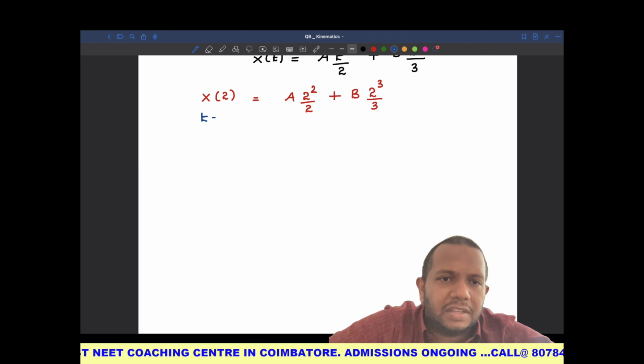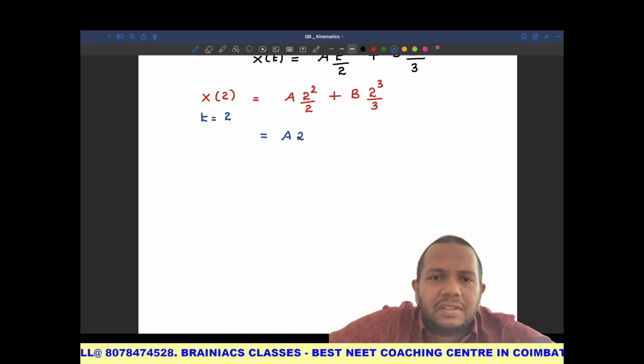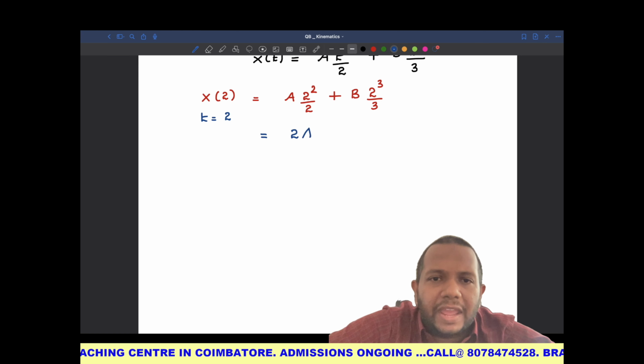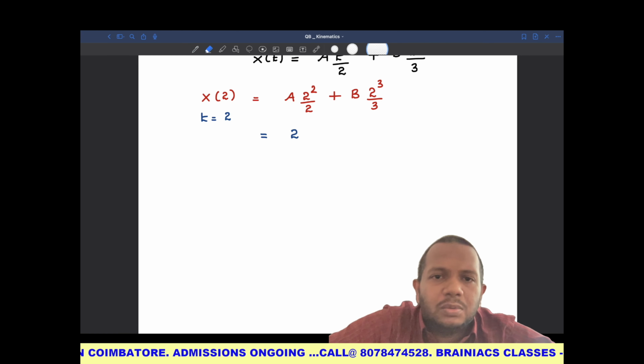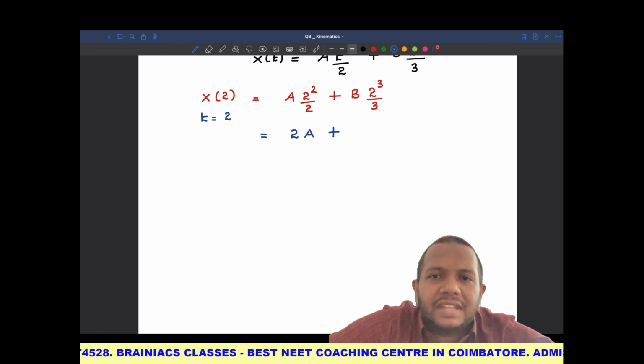So what is the equation you are getting for that? So you can say 2 into 2, a, we can expand that. So if you calculate it, you will get it as 2 square 4, cancelled it out, it will become 2a, correct? 2a plus 8 by 3b, 8 by 3b.